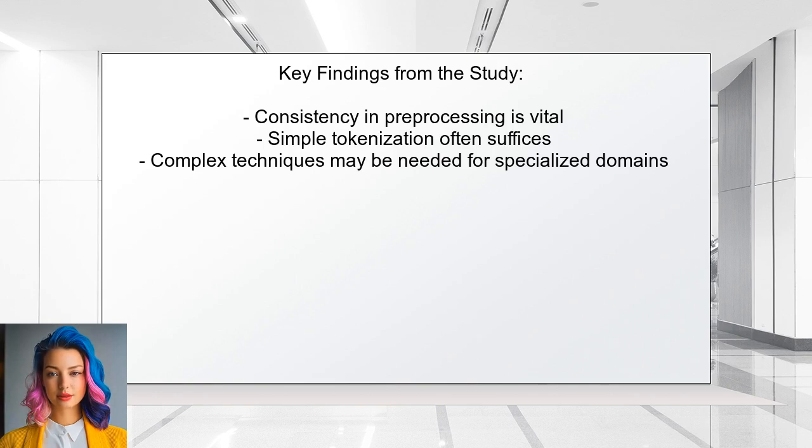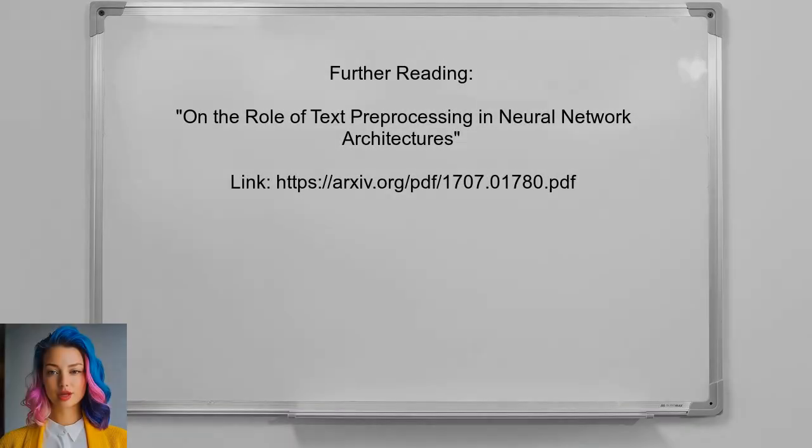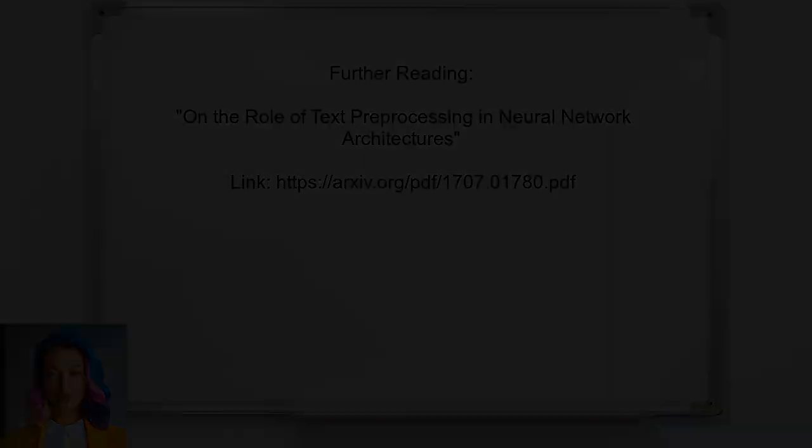The study found that a simple tokenized corpus often performs as well as more complex techniques, except in specialized domains. The user also shares a link to a relevant paper that explores the role of text pre-processing in neural networks, which could provide further insights.